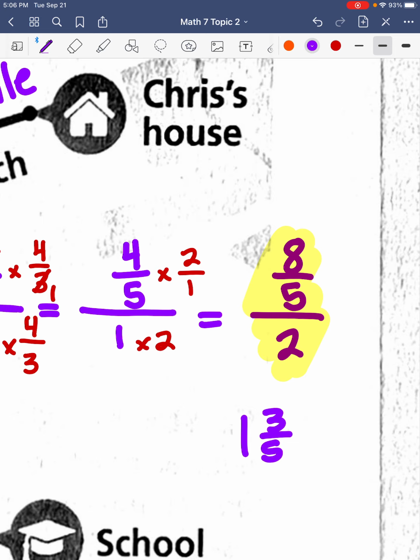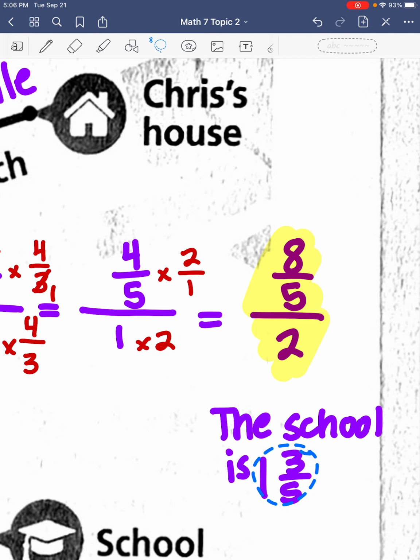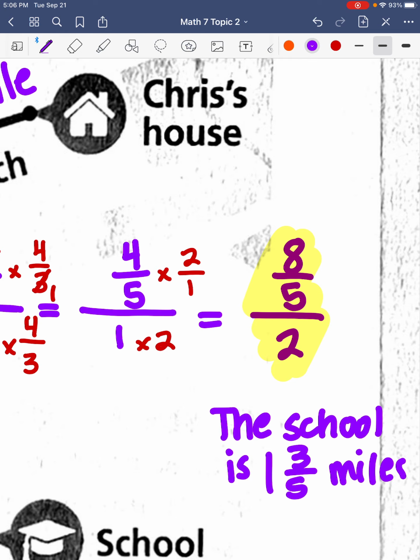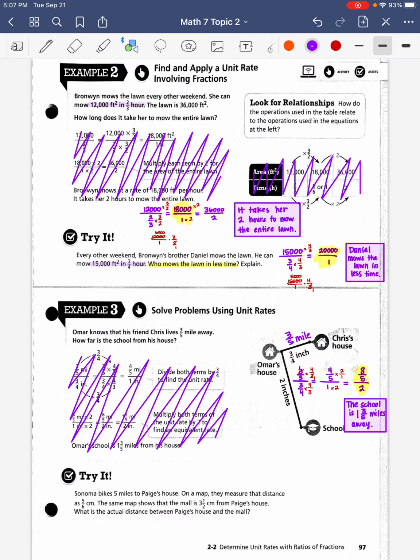So we know the school is 1 3/5 miles away. The school is 1 3/5 miles away, and that right there is our answer. Okay, moving on to try it.